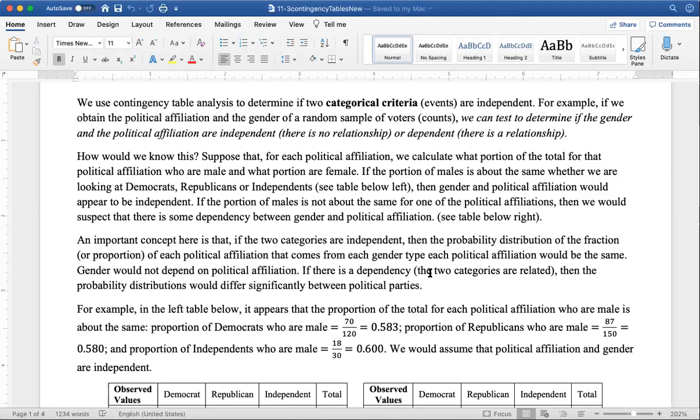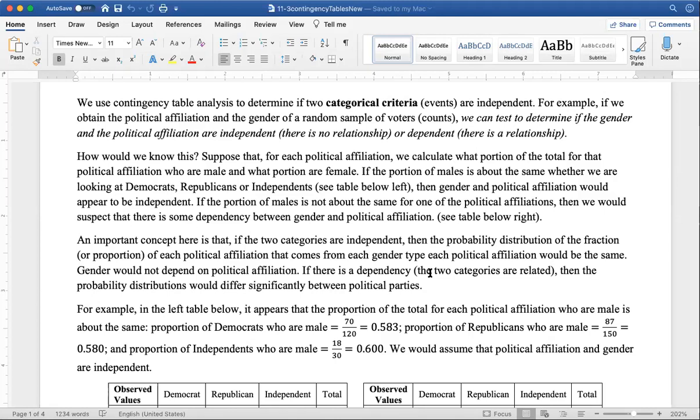If they're independent, we would expect that the proportion of Democrats who are male would be about the same as the proportion of Republicans who are male, and that would also be about the same as the proportion of independents who are male. If they were dependent or related somehow, then there's something causing those proportions to be different.